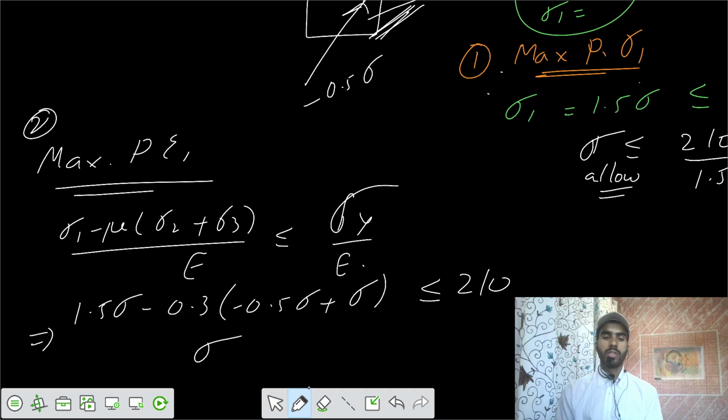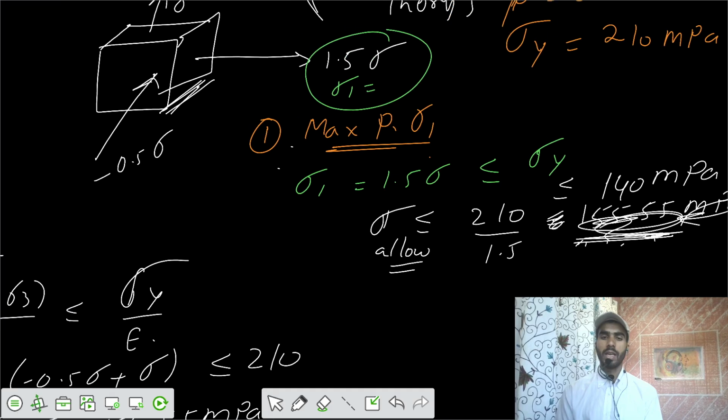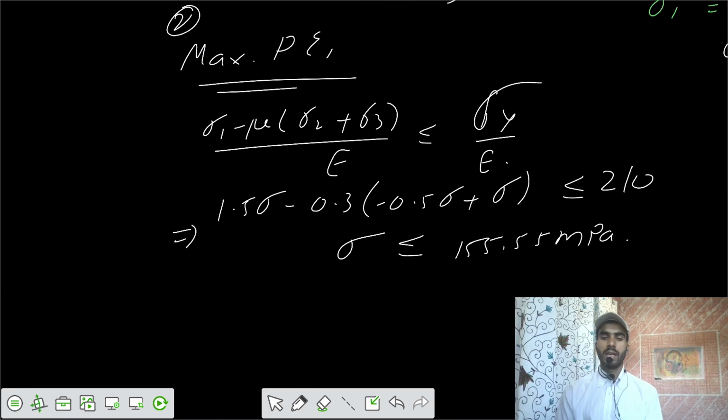So your sigma final value should be less than or equal to 155.55 megapascal. And that means in the first method you have a stress allowable that was equal to 140 megapascal, less than or equal to 140 megapascal. So this method allows 140, but method 2 says let's allow 155 also.